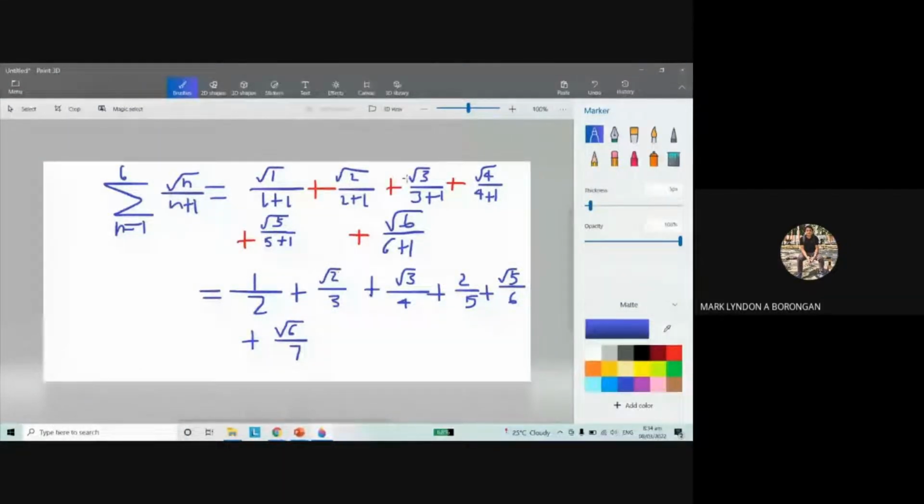And add nimo square root of 3 divided by 3 plus 1, that is the square root of 3 over 4. And then kaning the square root of 4 is just 2 man, di ba? So that will be 2 over 4 plus 1 which is equal to 5. So 2 over 5. And so on. So imo na lang siyang simplify. Nagets ra?